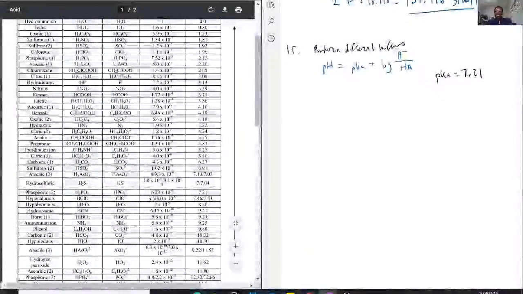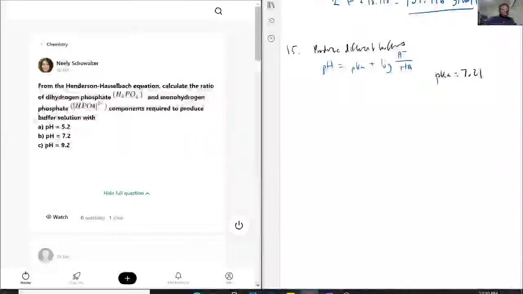Now let's see if we can actually solve these questions. Okay, so our first one, A, pH of 5.2, so that would be 5.2 is equal to 7.21 plus log A minus over HA. Okay, because we're just trying to find the ratio difference.